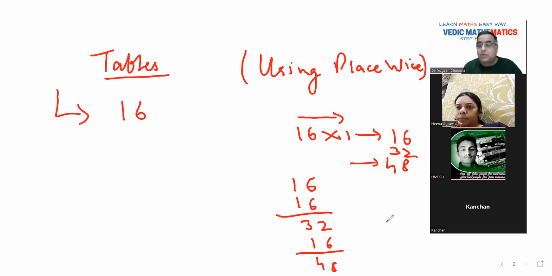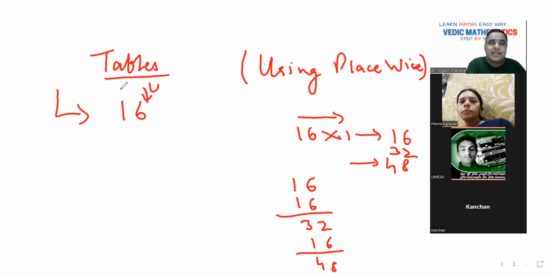So the point over here is, why don't we teach them in a way? Let it be a unit place. Let it be a tens position. And now everyone knows a table of 1: 1, 2, 3, 4, 5, 6, 7, 8, and so on.